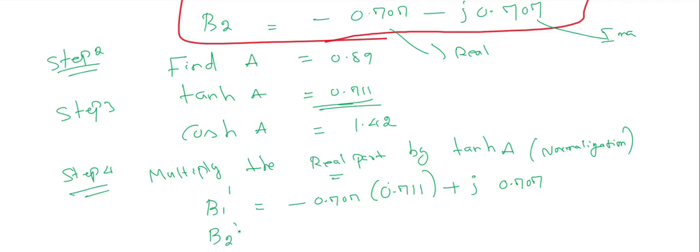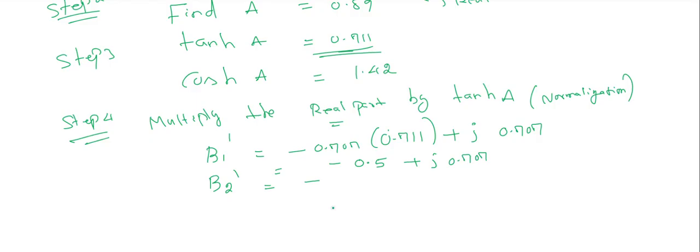Multiply for B2 dash, which is equal to the real part multiplied by the tan HA value: minus 0.5 plus j 0.707 for the B2 poles.